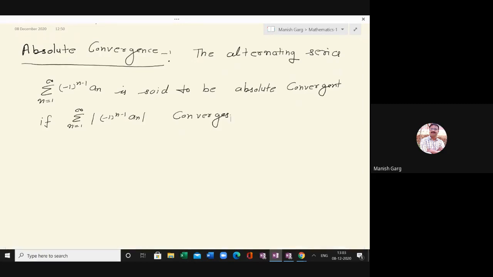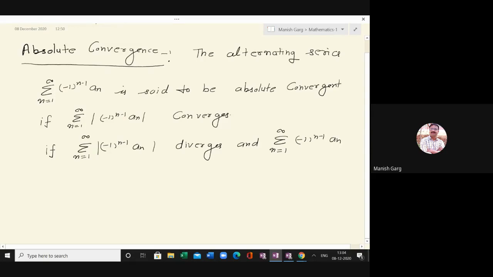Now there is a chance that the series of mod a_n diverges and the series of (-1)^(n-1) a_n converges.